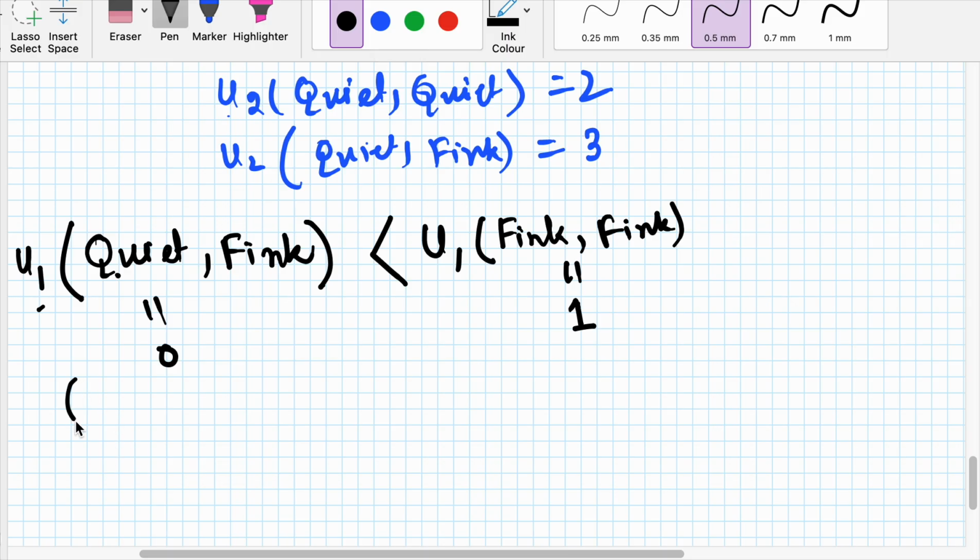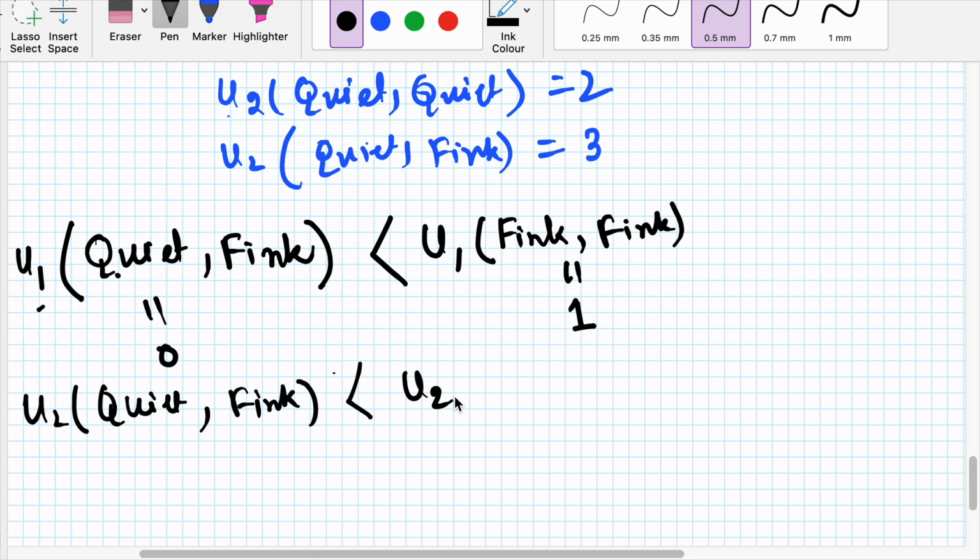Second, for the strategy corresponding to fink, quiet, another thing one should notice is that here player 2 doesn't have any incentive to change her strategy from fink to quiet, because here she is getting a payoff of 3, and here she is getting a payoff of 2.